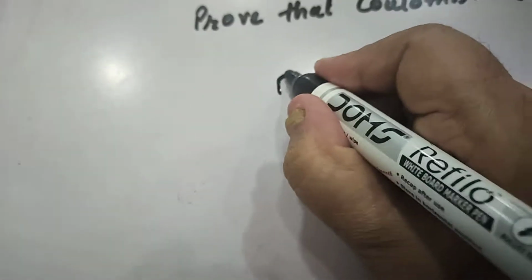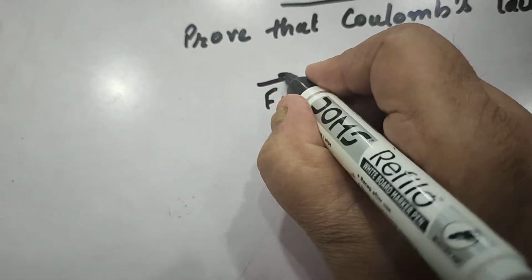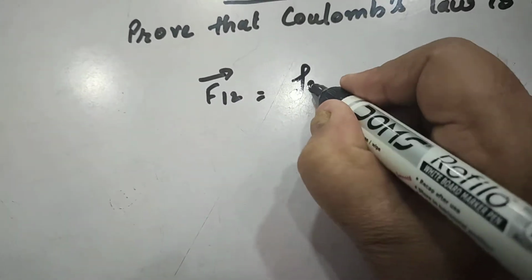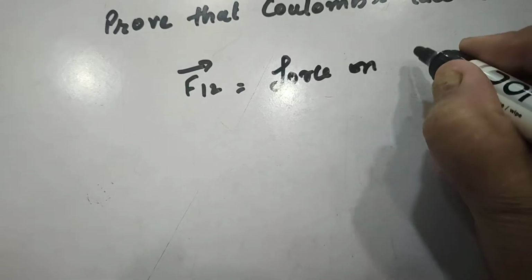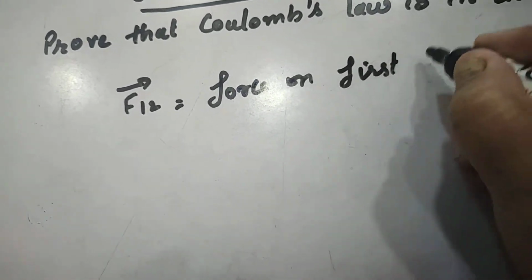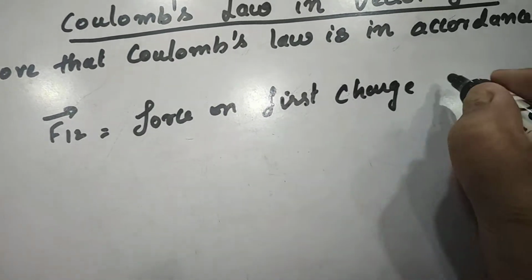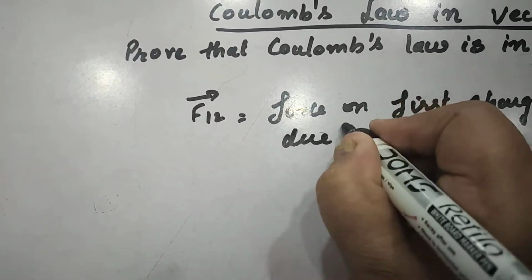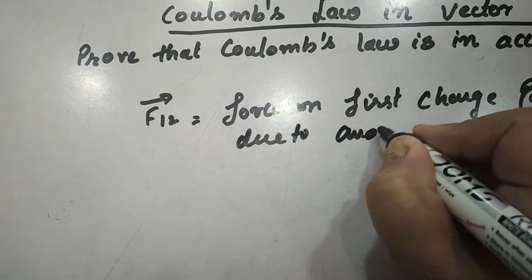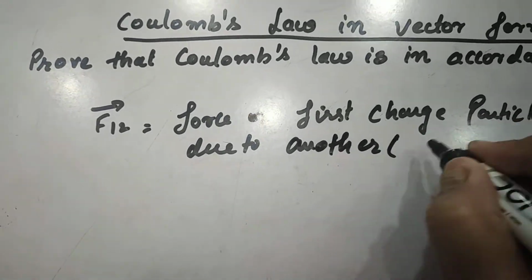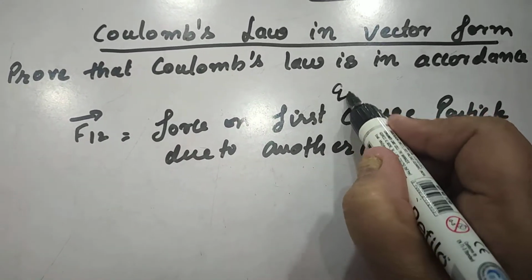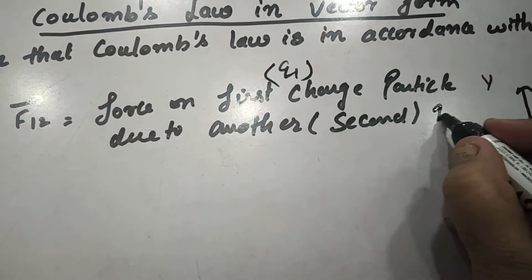Now let's start: let F12 be the force on the first charged particle due to the second one. Here the first means Q1 and the second means Q2.